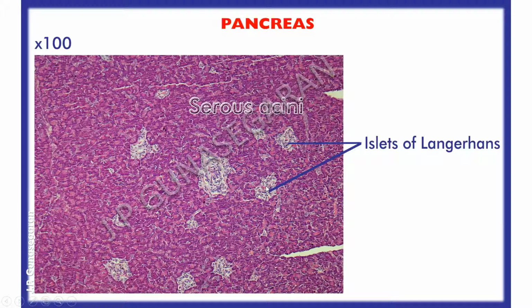The islets appear as lightly stained clusters of cells among the darkly stained serous acini. These serous acini and islets form the parenchymatous tissue, whereas the stromal tissue includes the capsule at the periphery, interlobular septae, and the intralobular connective tissue that supports the parenchyma.